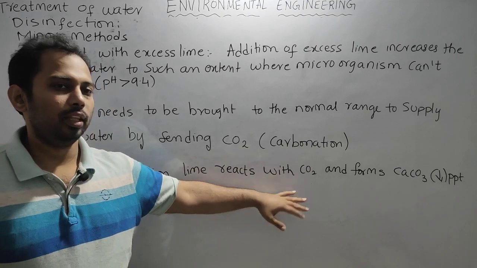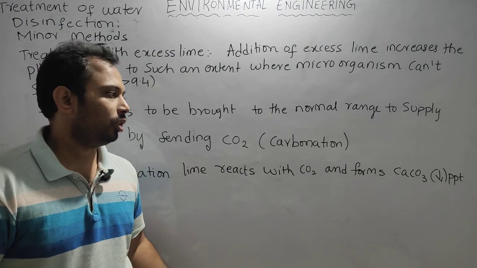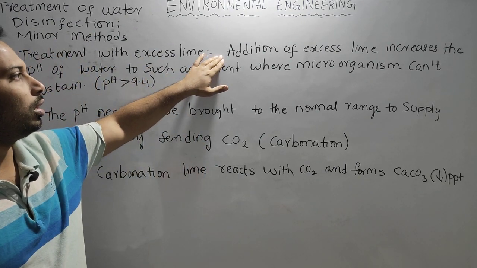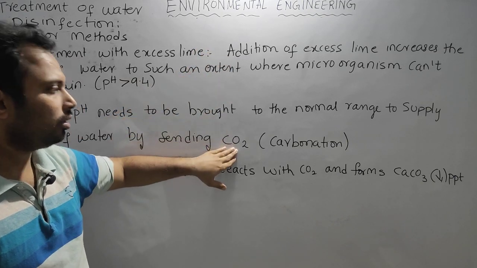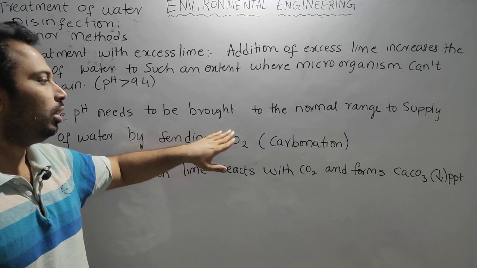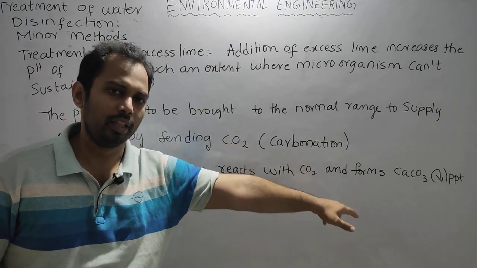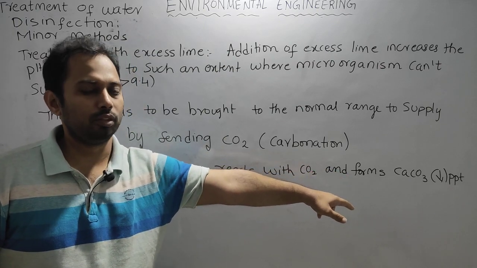Again, we need to send this water into a filter to remove this precipitate. So we are adding some impurity into the water, and again to remove this impurity we are adding another impurity into the water. Again these two are removed in the form of a precipitate. Again this is another impurity. Disposal of this is again a big task for us.